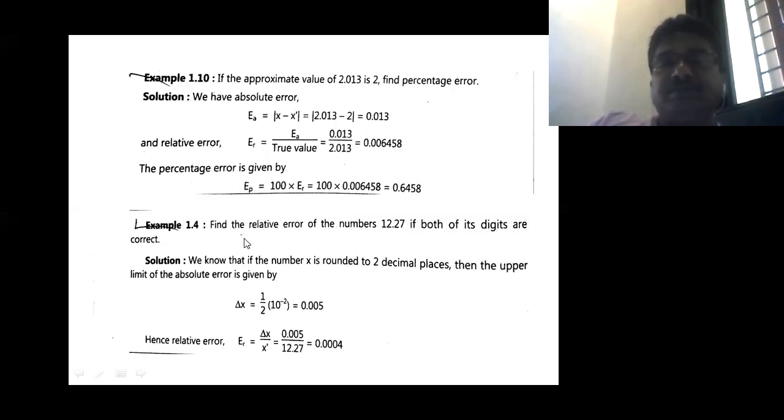So the next question is: find the relative error of the number 12.27 if both of its digits are correct.